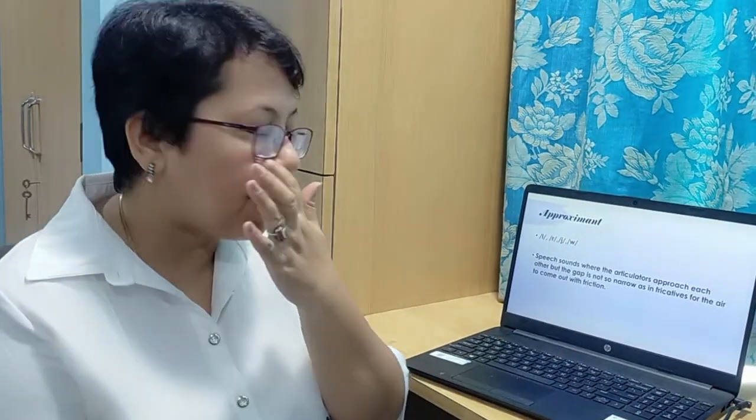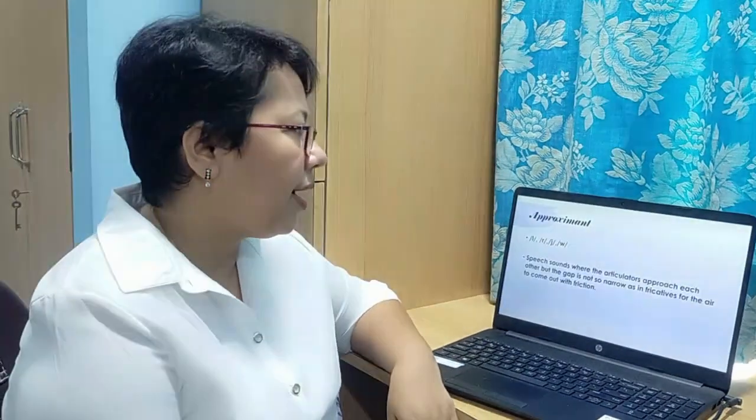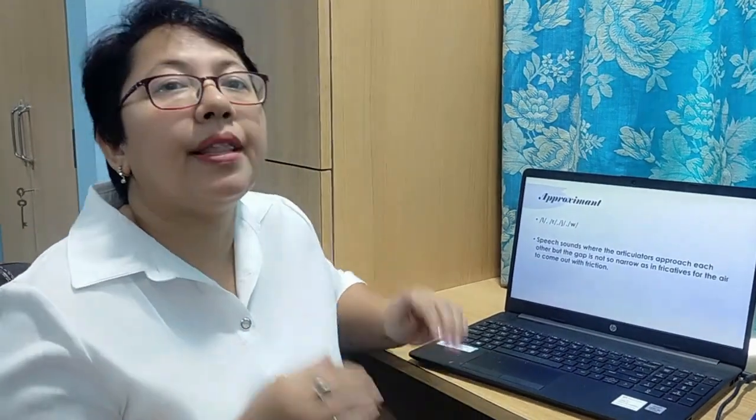So now let me deal with one more concept, the concept of approximant. If we talk about approximants, there are 4 approximants in the English language. They are l, r, y and w. You might say l is a lateral, r is a continuant, and y and w are semivowels. But why are they classed together?